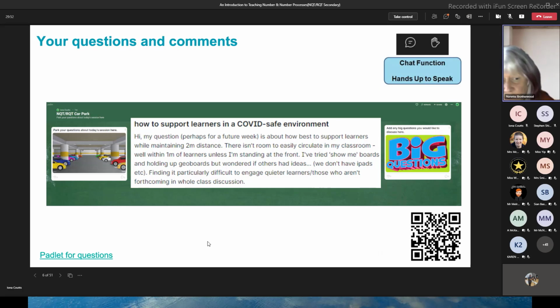So if you use the link at the bottom of the slide, either to click through onto the Padlet on the machine that you're on just now, or if you want to go onto it using your phone, you can use the QR code. And when you go on, if you double click anywhere in the green background, you can add a question. You can then resize it and reposition it after you've published it.